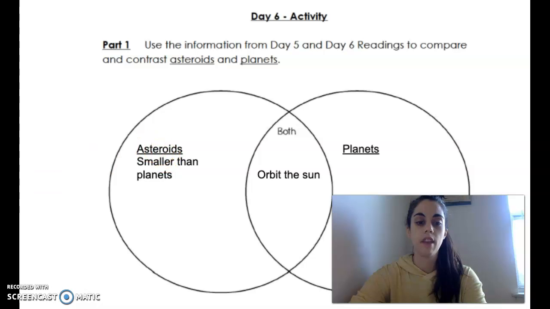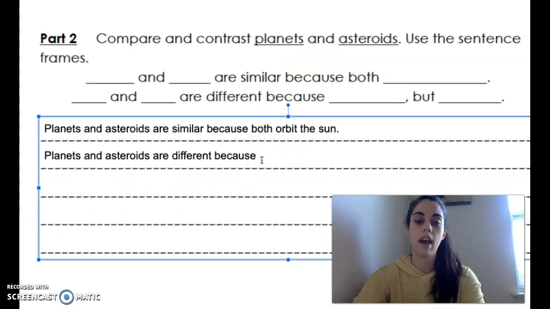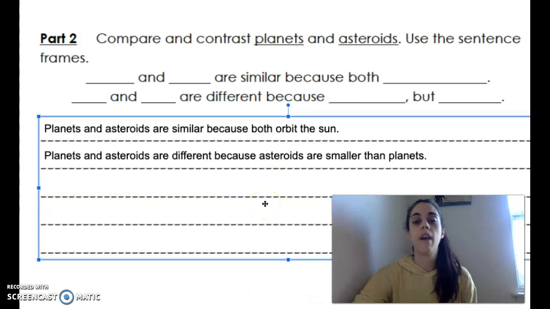I can say asteroids, I'm going to look back at my Venn diagram, asteroids are smaller than planets. I'm going to finish my sentence. Asteroids are smaller than planets. What other differences did you write about? Go ahead and add your own example, another sentence about the differences.